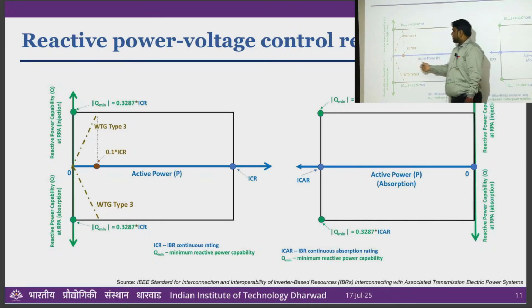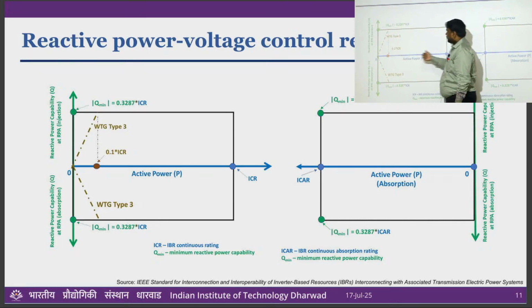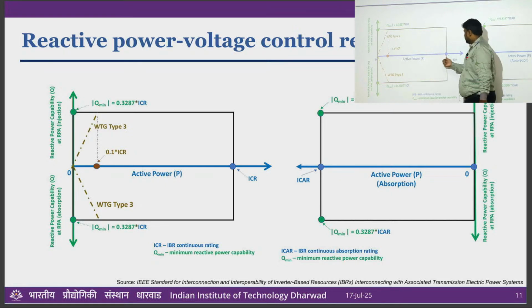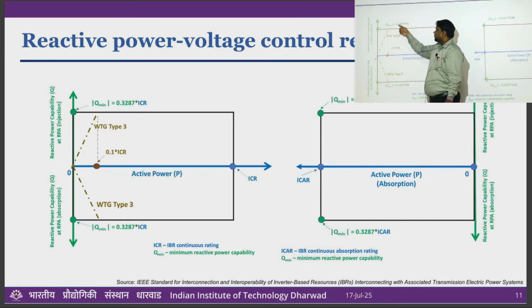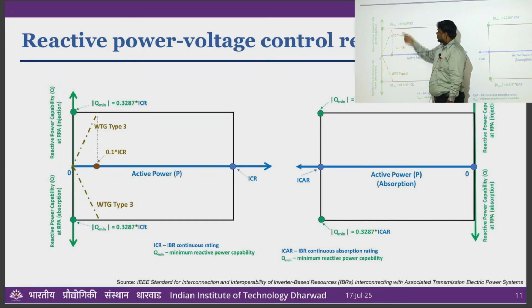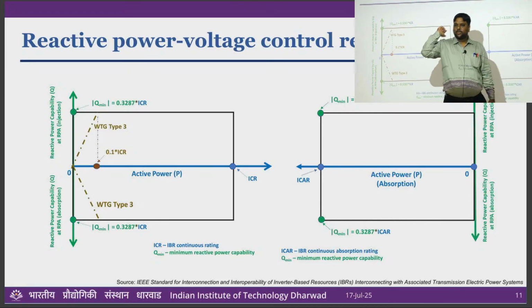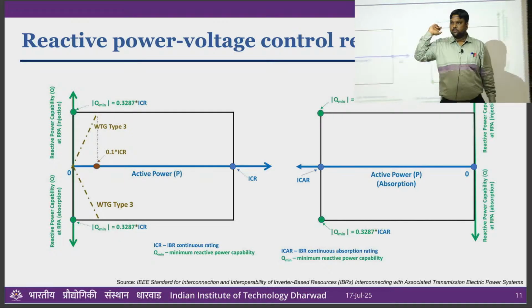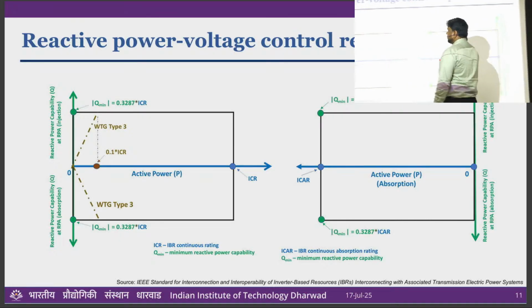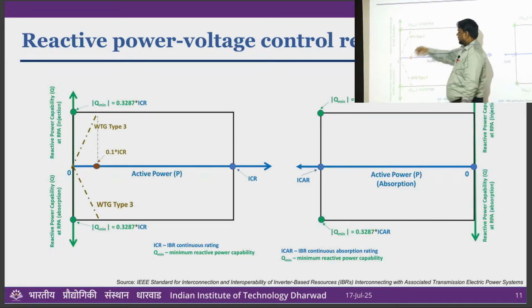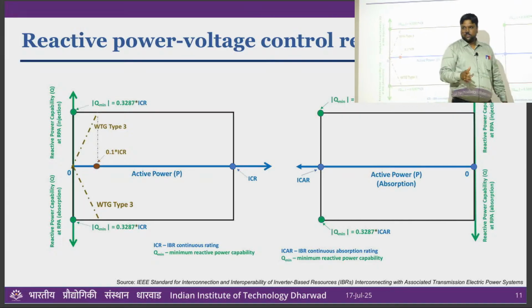When you operate between 10% to 100%, your Q injection or Q absorption should be 0.3287 times the P. What is the power factor? Power factor will be tan inverse Q by P, right?